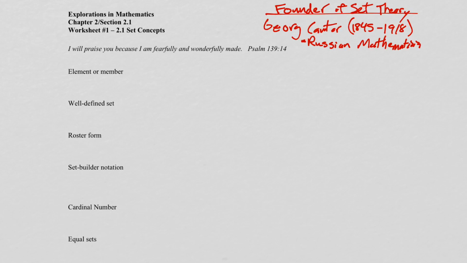Okay, so, well, what is an element or a member of a set? Well, an element is basically a collection of objects in a set.